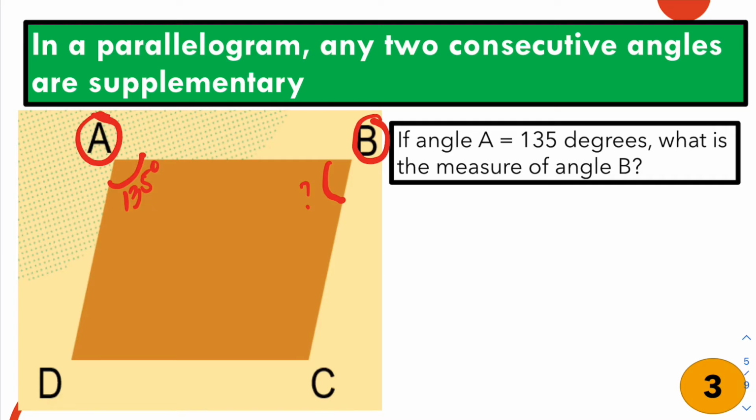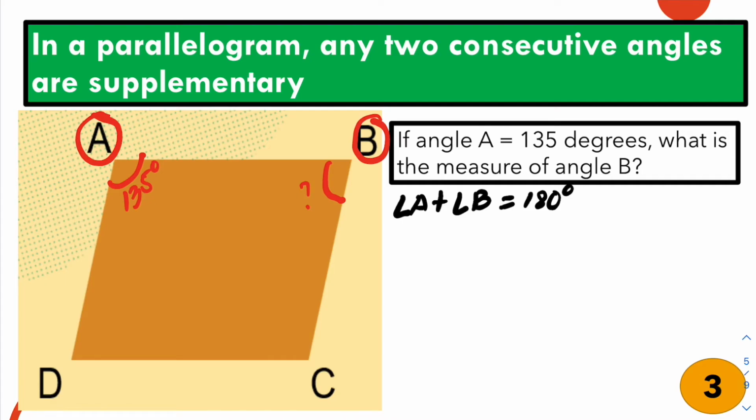Now, we go back to our properties. Consecutive angles of parallelogram are supplementary. Therefore, angle A plus angle B is equal to 180 degrees.